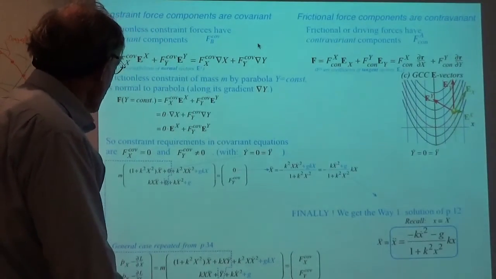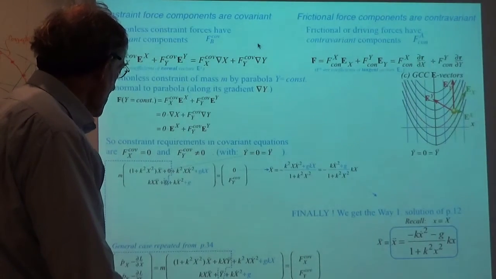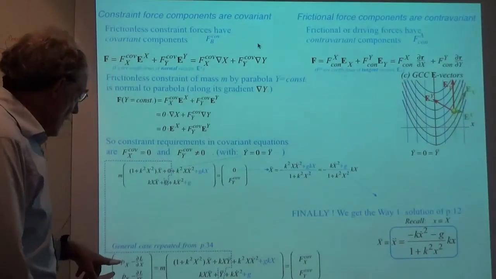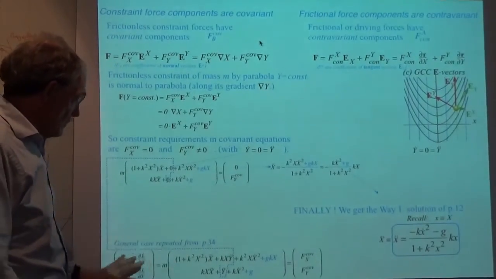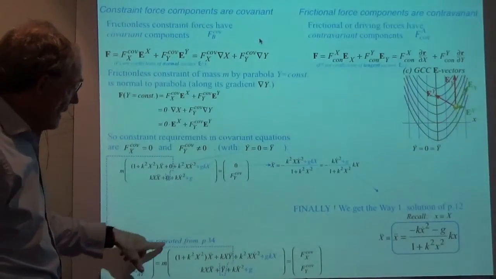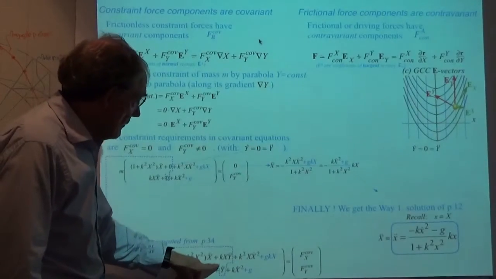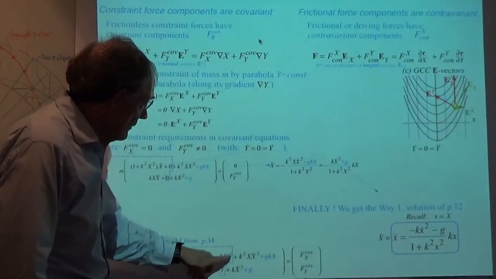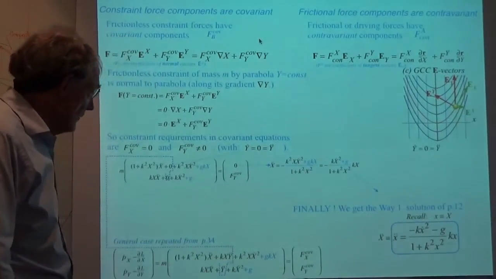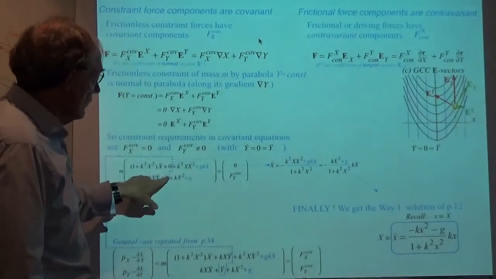Okay. So once that is done, I can take that general equation that we just got a few slides back on slide 34. The y dot dot that I see in there, and there's two terms that have that, I'm going to set to 0.